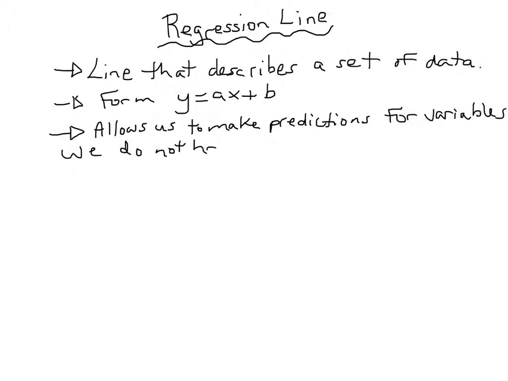I told you that this is often in a much more complicated version, but this is stuff that people who use math make a ton of money with. If you get really good at creating these regression lines, and you become really good at making predictions, and you can tell your boss a month in advance where your sales are going to be at, they're going to give you a whole bunch of money because you just saved them a whole bunch of money. So we're going to use these regression lines to make predictions, looking for variables that we do not have.